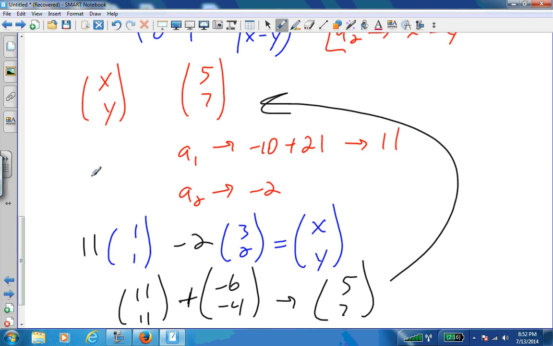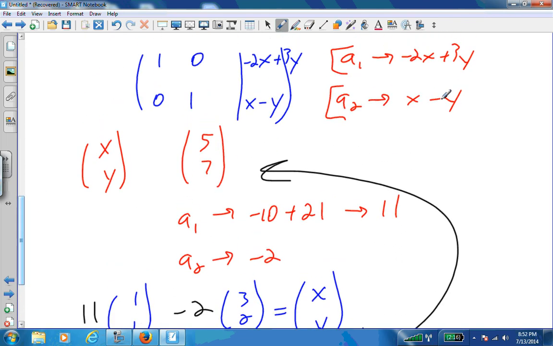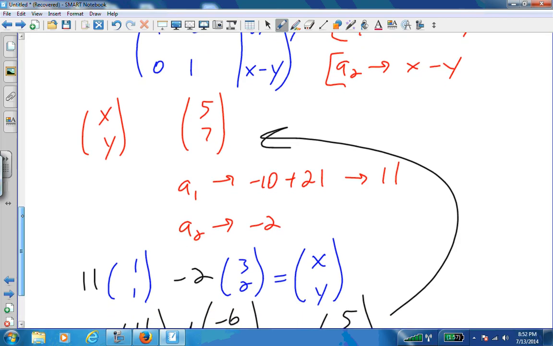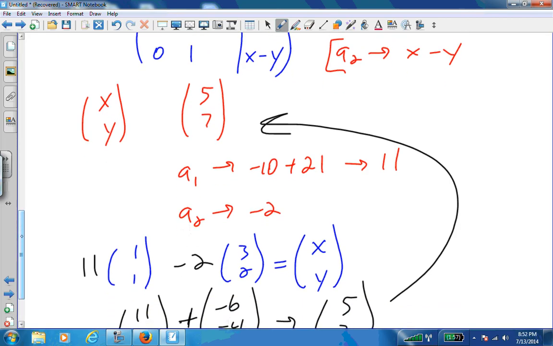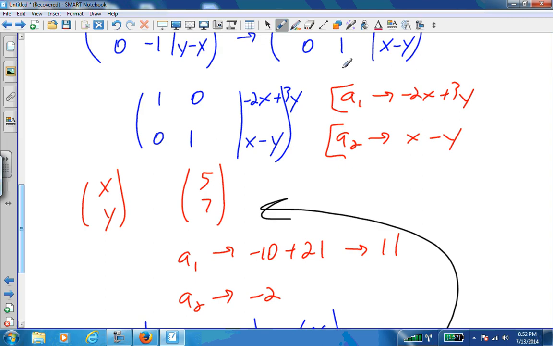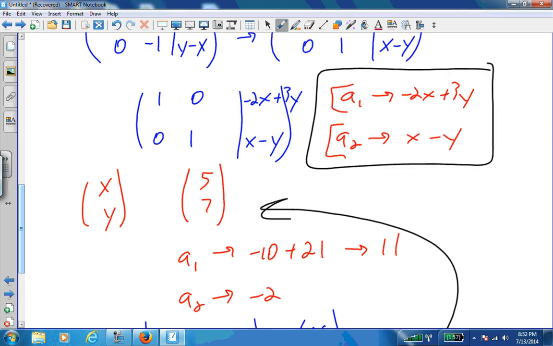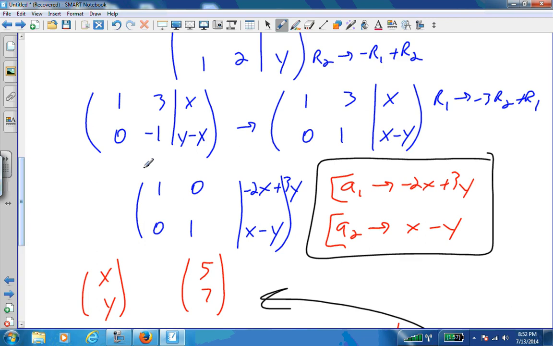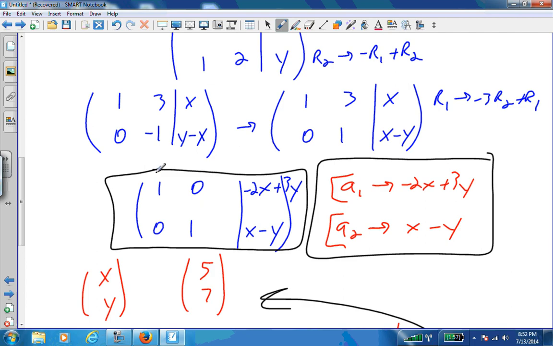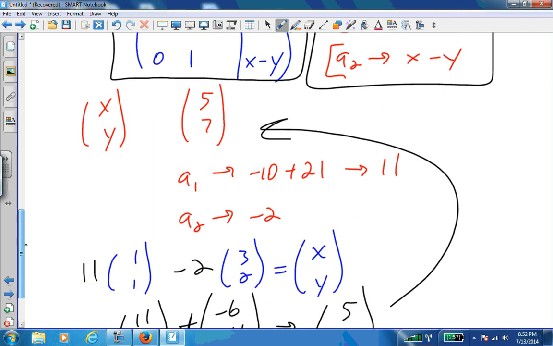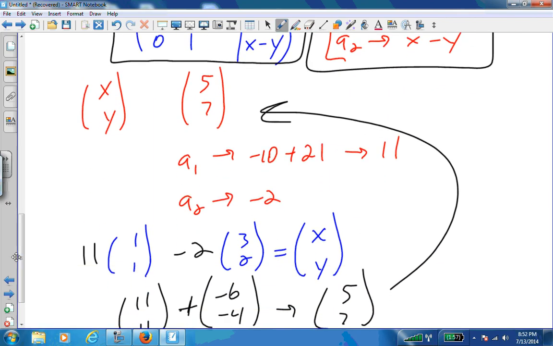And since we have a relationship between x, y, A1, and A2, we can achieve any vector in R2. So if we can show that this exists, which basically if we set up our augmented matrix, row reduce it, and we find out that there is a solution to that, then that shows that, yes, those vectors do span that particular space.